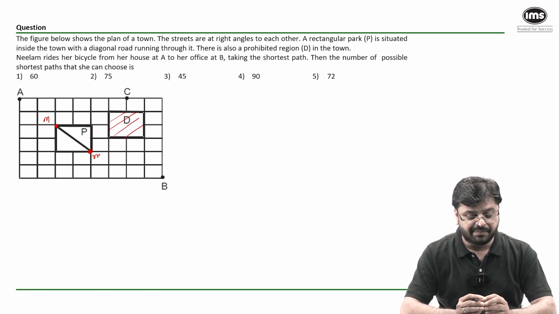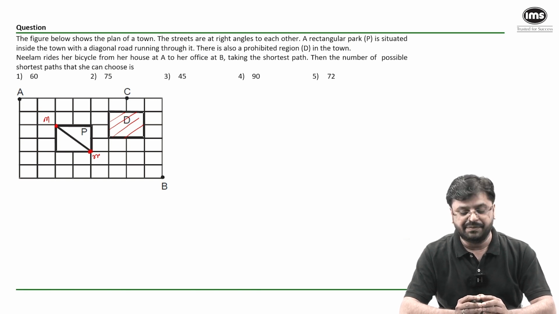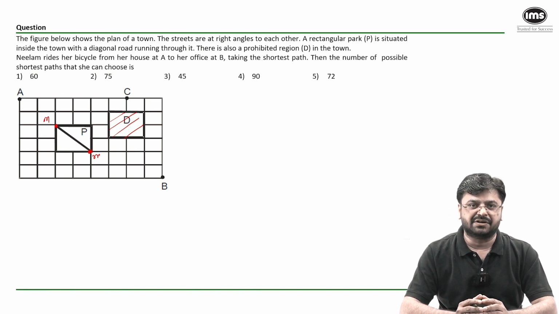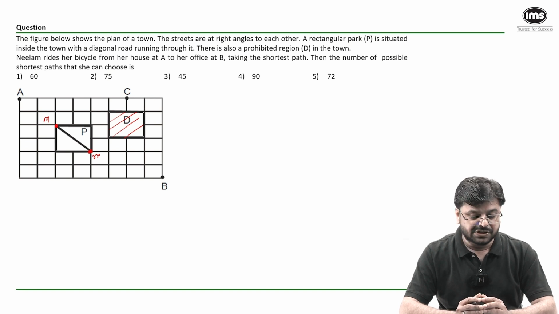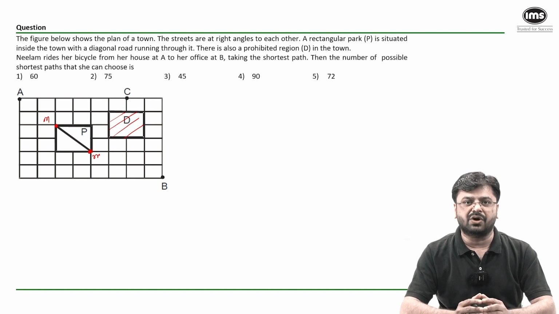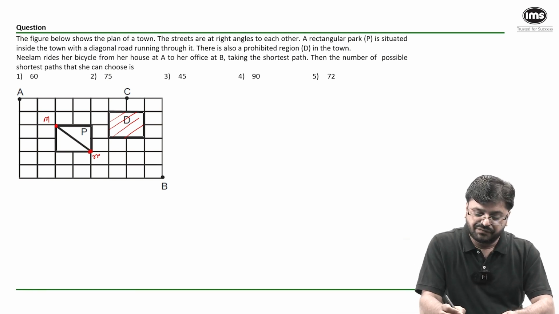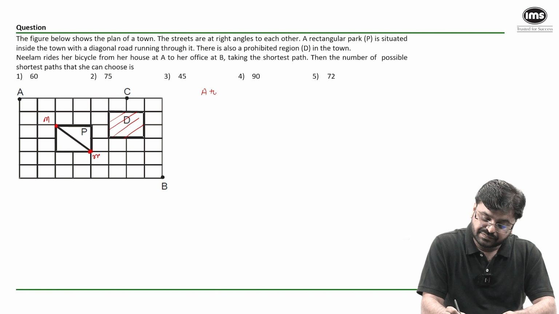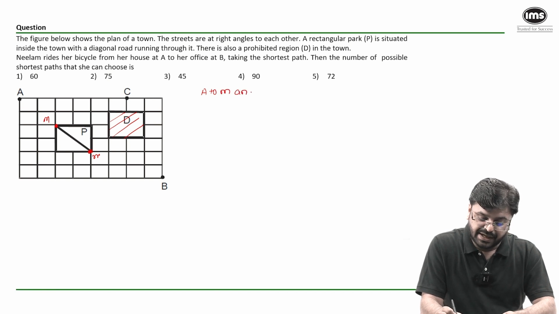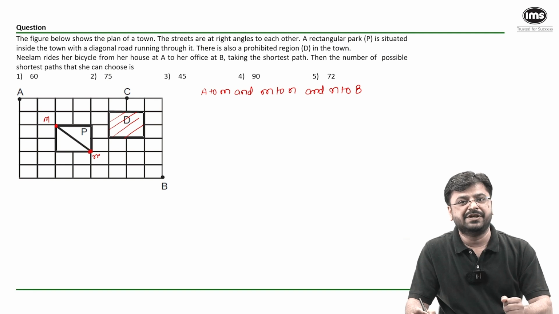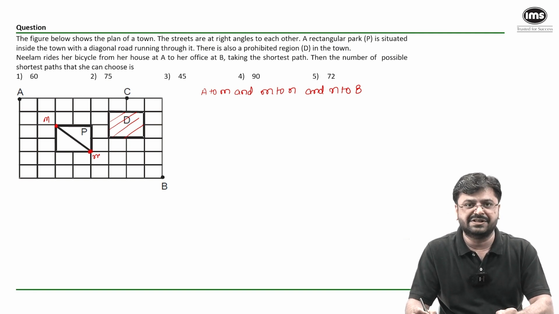Now Neelam rides her bicycle from her house at A to her office at B, taking the shortest path. So the number of possible shortest paths that she can choose is, if Neelam wants to take the shortest path, she should travel from A to M and M to N and then N to B. This would be the shortest path because the diagonal will be shortest in this case.